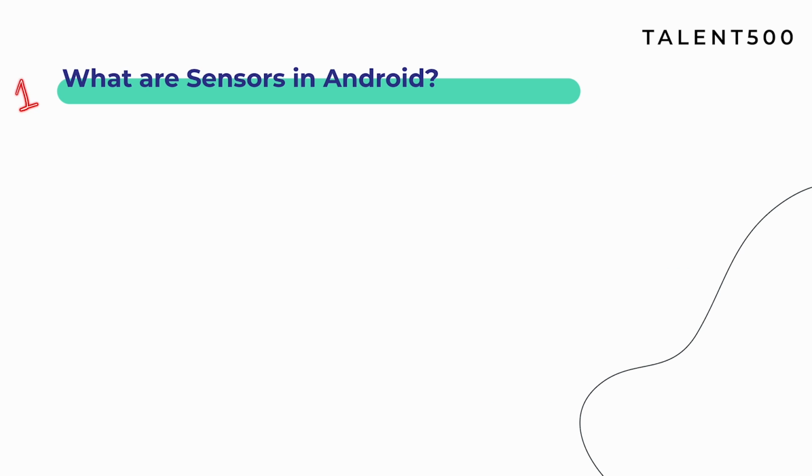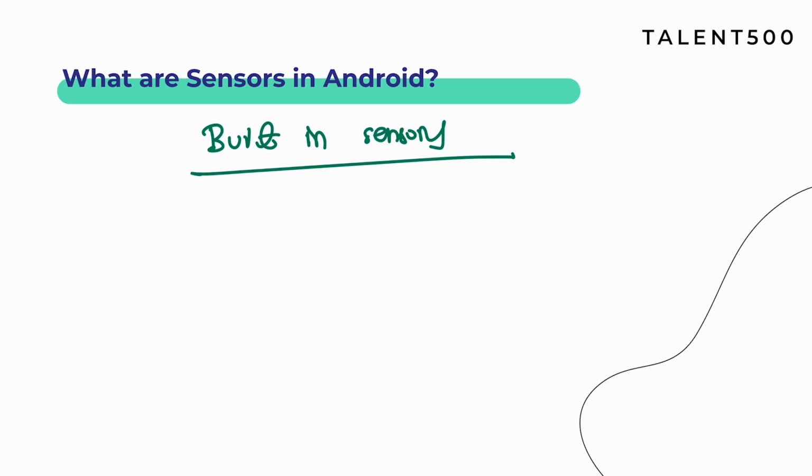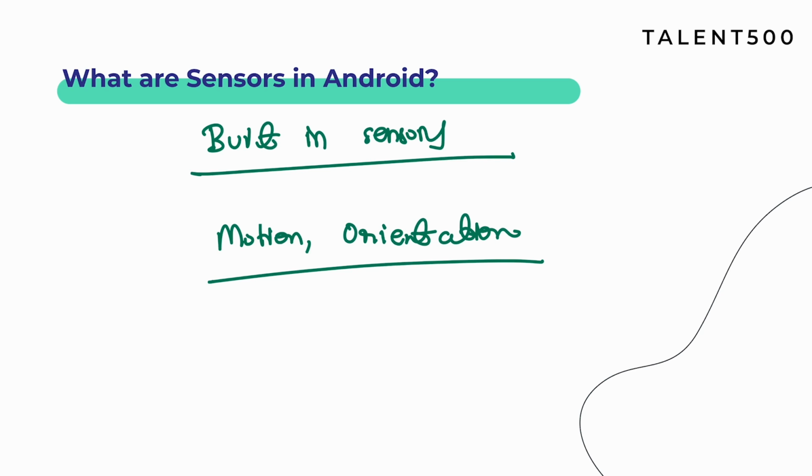The question number 1 is, what are sensors in Android? So the Android based devices have an assortment of built-in sensors. Yes, built-in sensors are present in the Android devices and they measure certain parameters like motion, orientation, etc. And there are several types as well when we talk about sensors in Android devices.